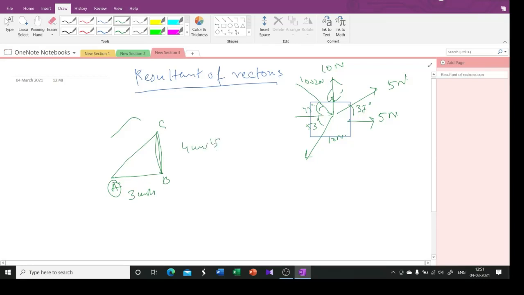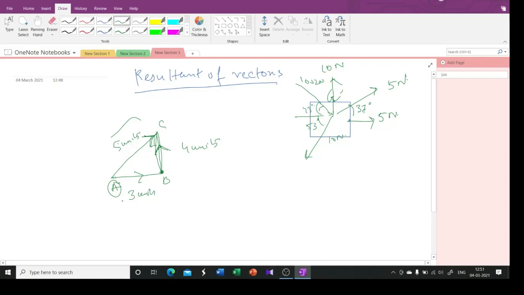So initially you are at A, you go along this direction and reach B, then you move upwards and reach C. Fair enough. So what is your net displacement? Your net displacement is this AC, which is 5 units from Pythagoras theorem, as you can see.